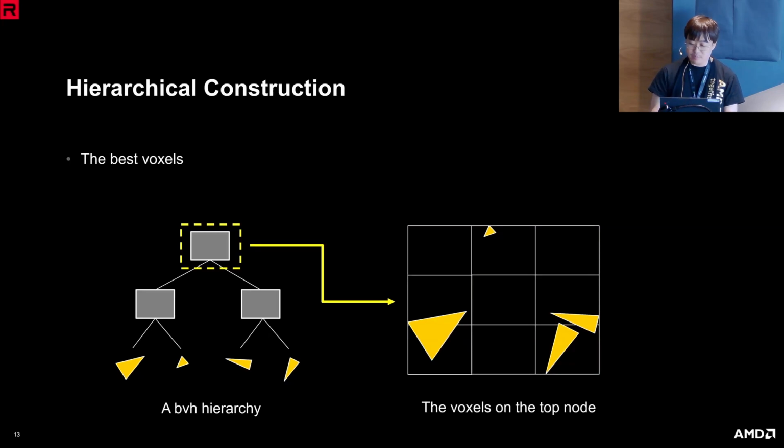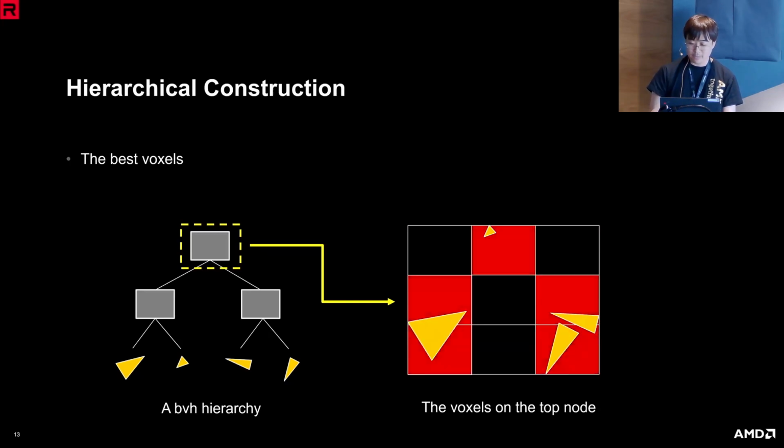Actually, the best mask can be computed by a brute force approach, which visits all triangles below and checks the voxel occupancy. But in this case, the top node in the figure contains all of the triangles, so the exact occupancy requires visiting many triangles in children below. It's obviously expensive, so we don't want to do that.